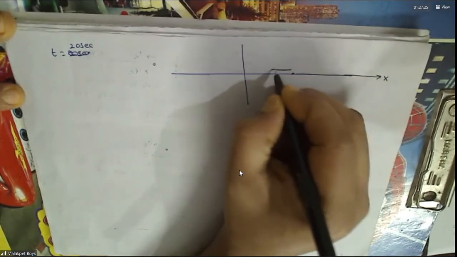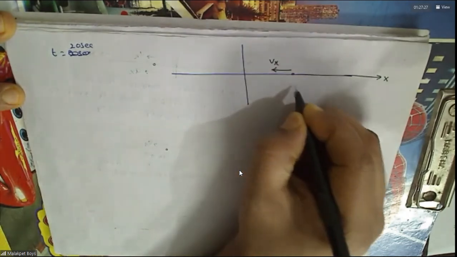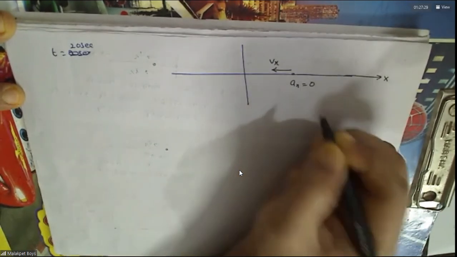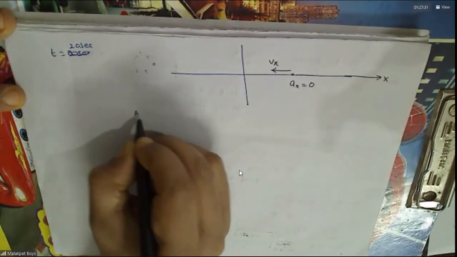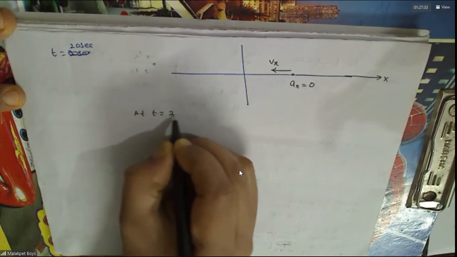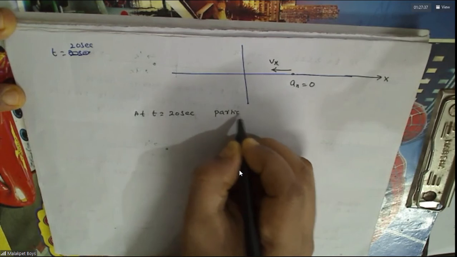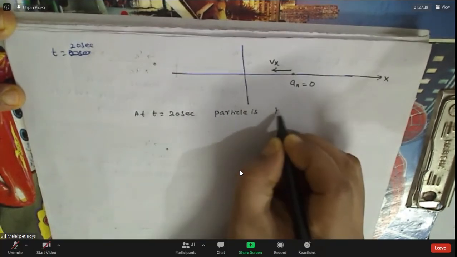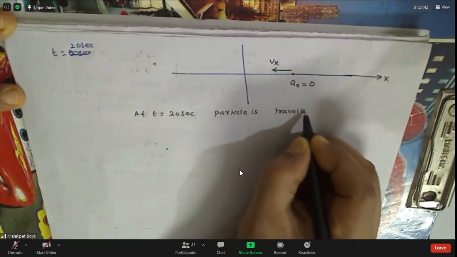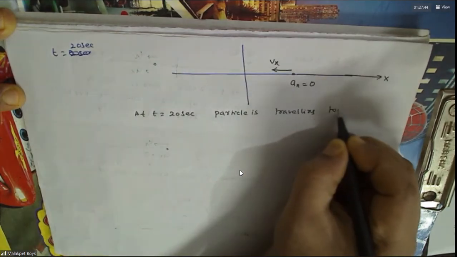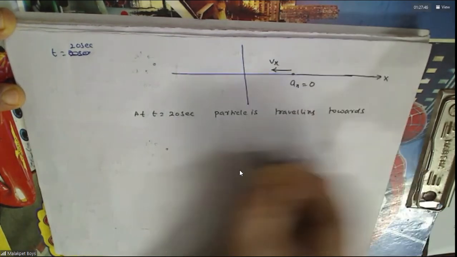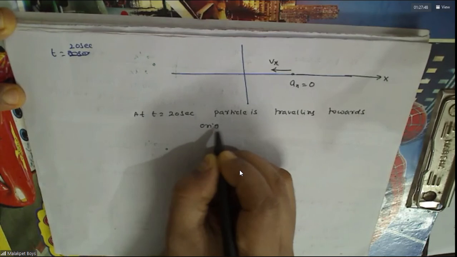Negative. Velocity is negative and ax is 0. That means at t equals 20 seconds, the particle is traveling towards origin.